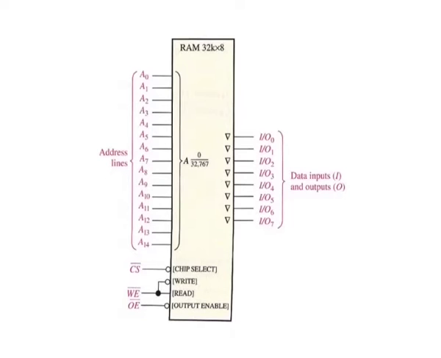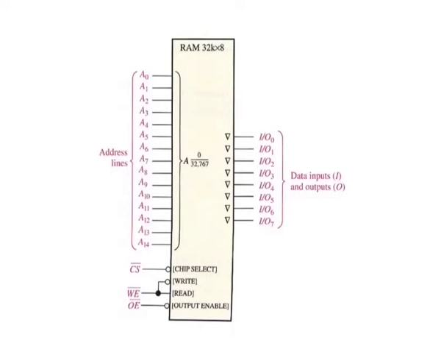Asynchronous SRAM organization. An asynchronous SRAM is one in which the operation is not synchronized with a system clock. To illustrate the general organization of a SRAM, a 32K x 8-bit memory is used. A logic symbol for this memory is shown in this figure.